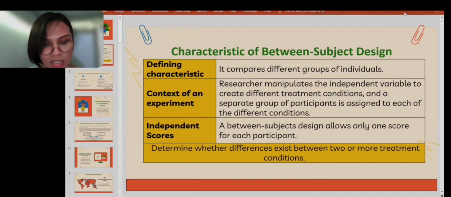An example is a researcher who may want to compare two teaching methods. So, there are two treatments. Here, we want to determine whether one is more effective than the other.